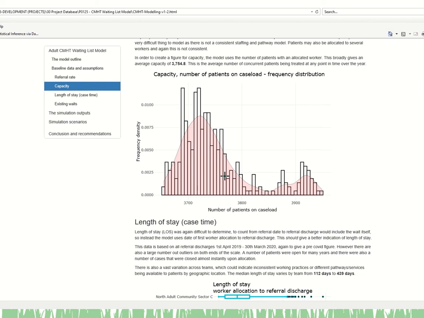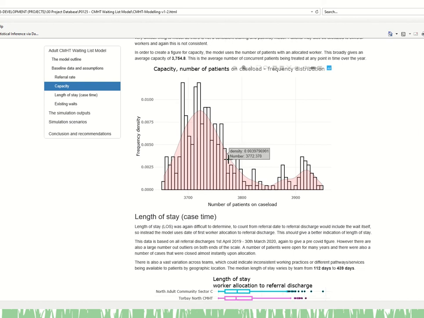So I tried to simplify it as much as possible and just look at how many patients are open at one time within our system, and use that as our capacity available. That is how many patients they can deal with at any one time.